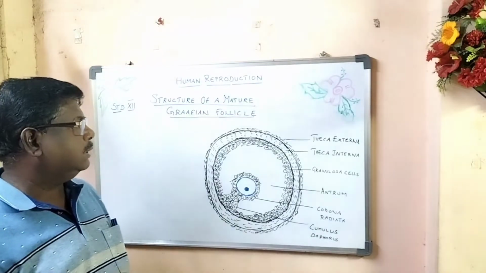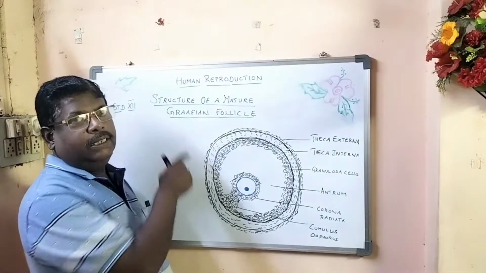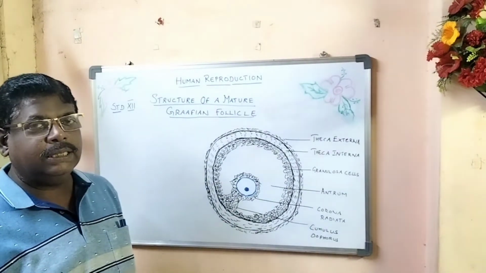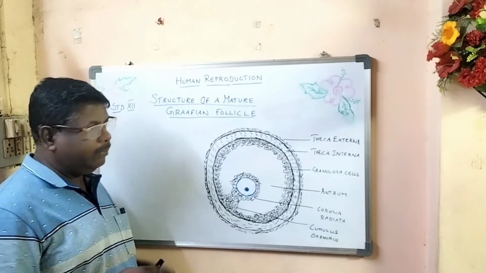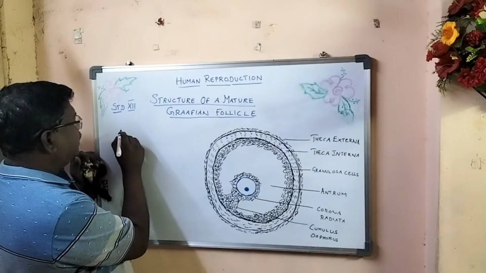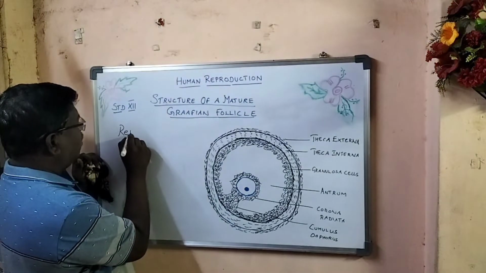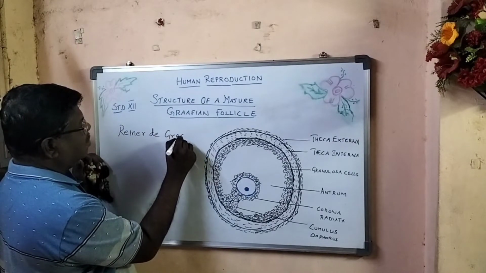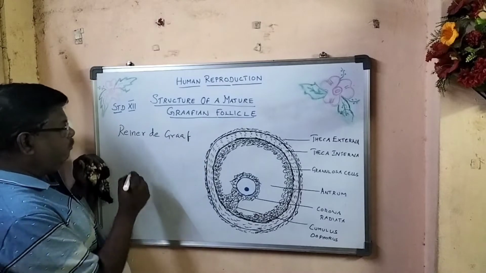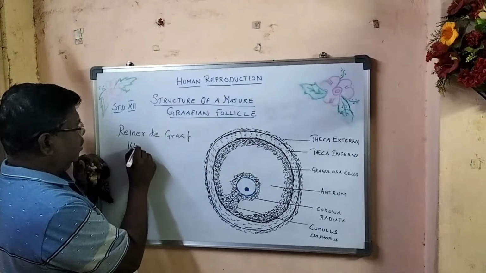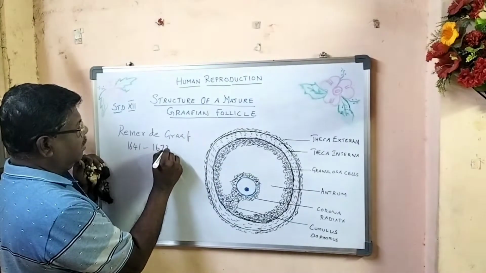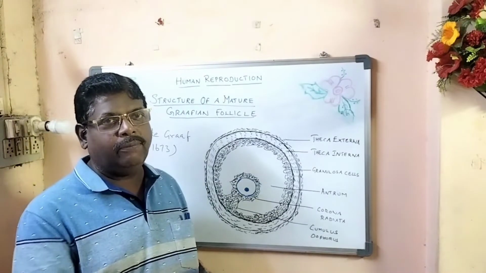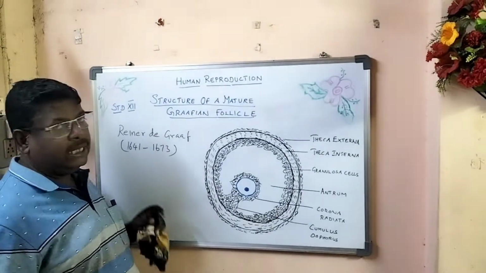The name Graafian came from a scientist's name, Rainer de Graaf.